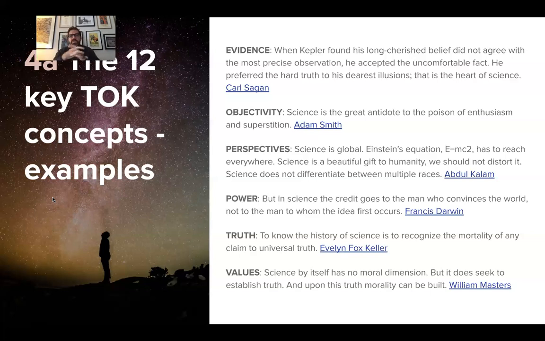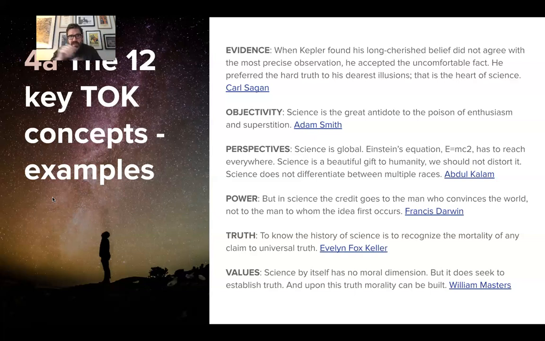And values. There is a very complex relationship between science and values. We could easily say that science is amoral, but the way we use science often has deeply moral significance and implications.